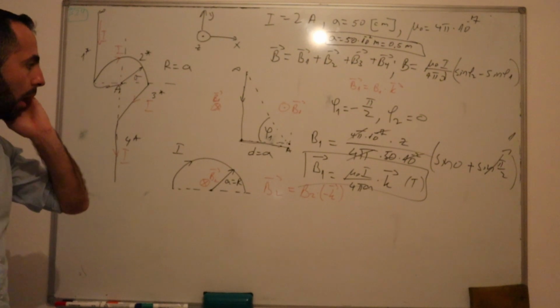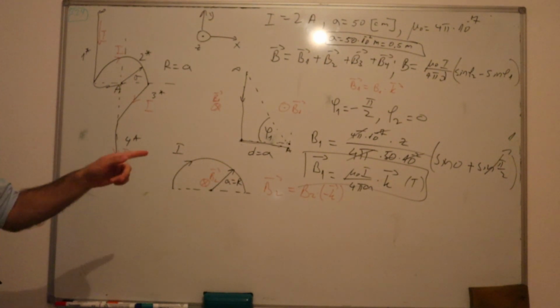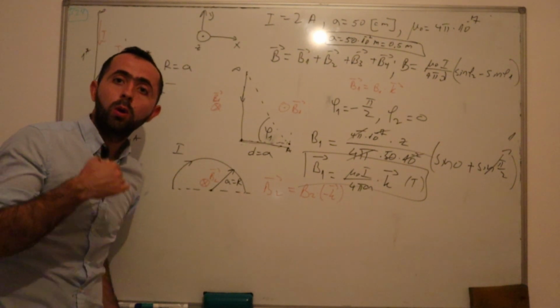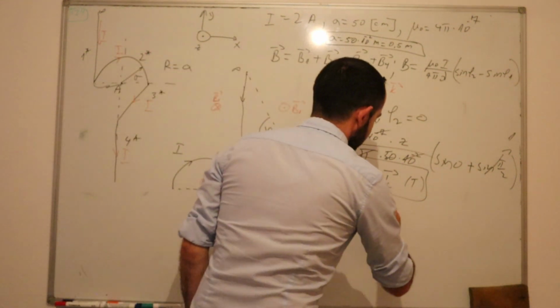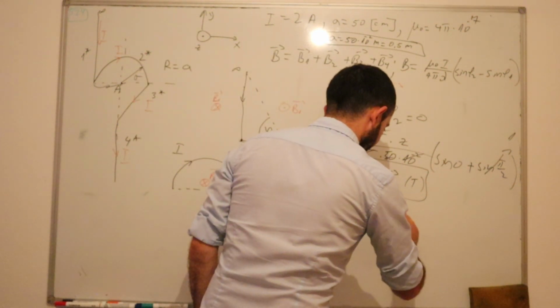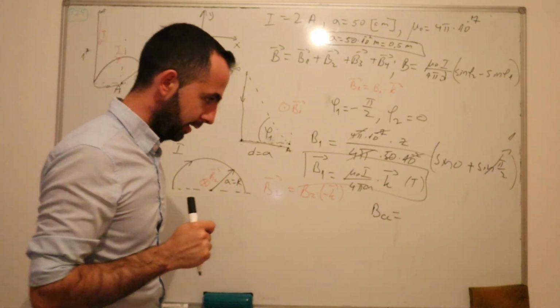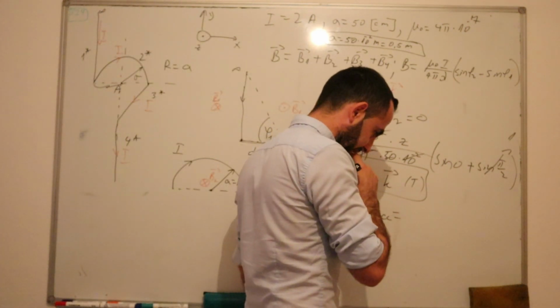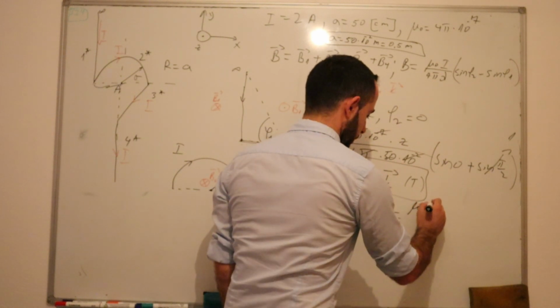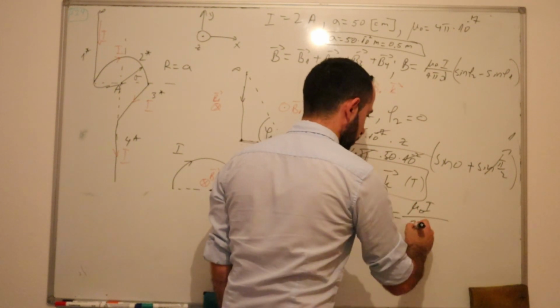So how will we calculate B2? Once again, we will remember the formula for calculating the magnetic flux density at the center of a circle, and this formula is μ0I over 2R.